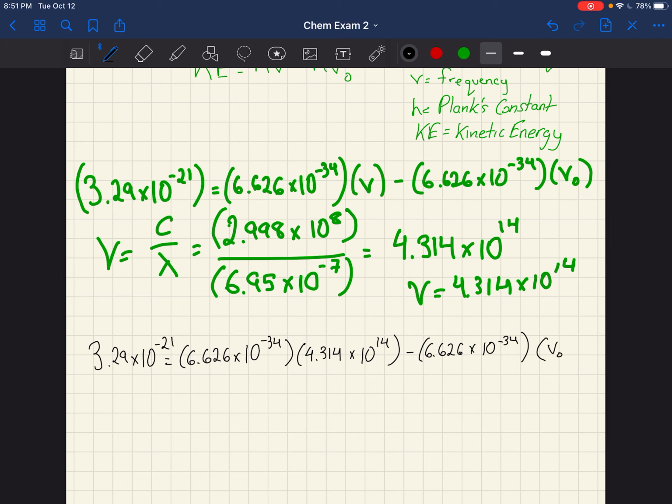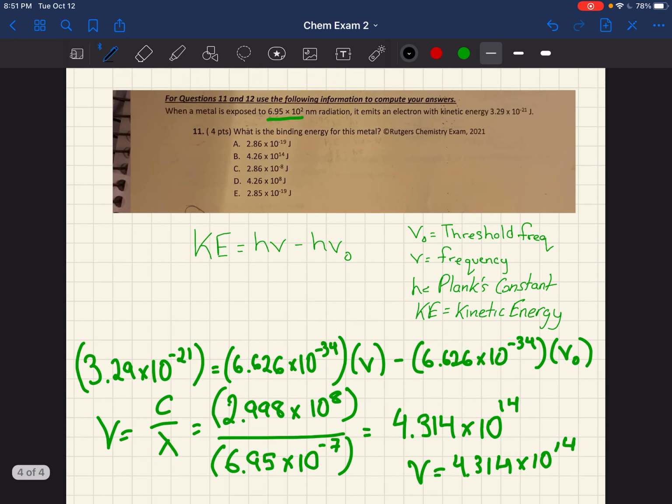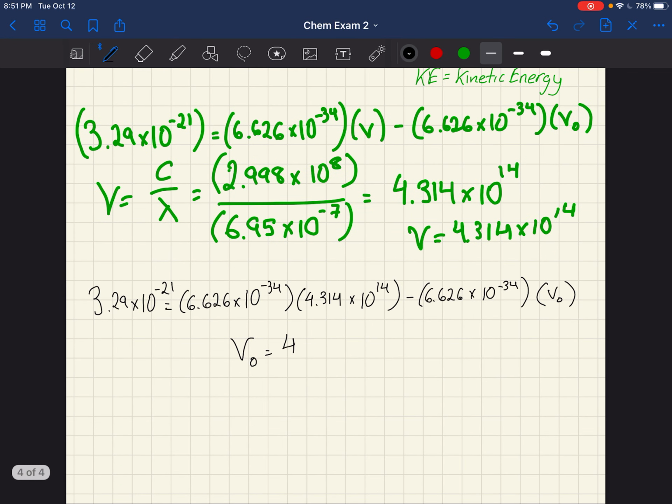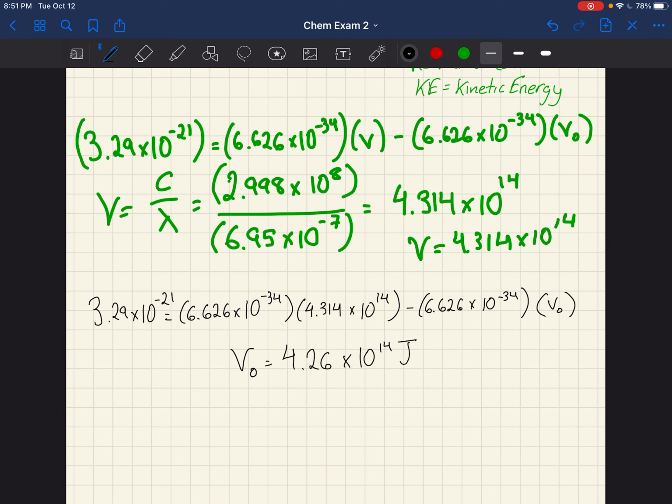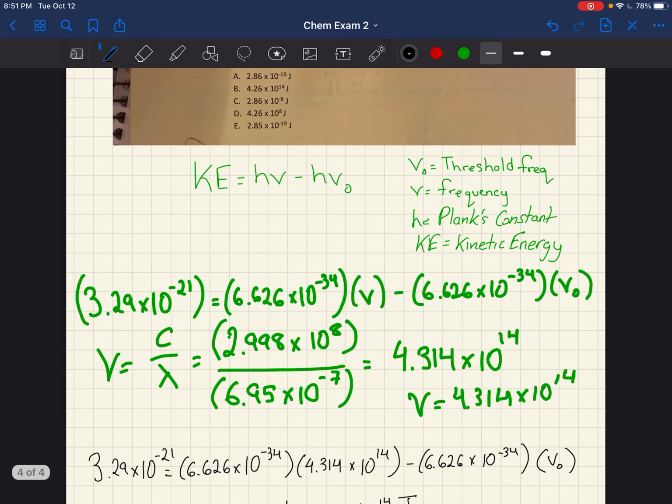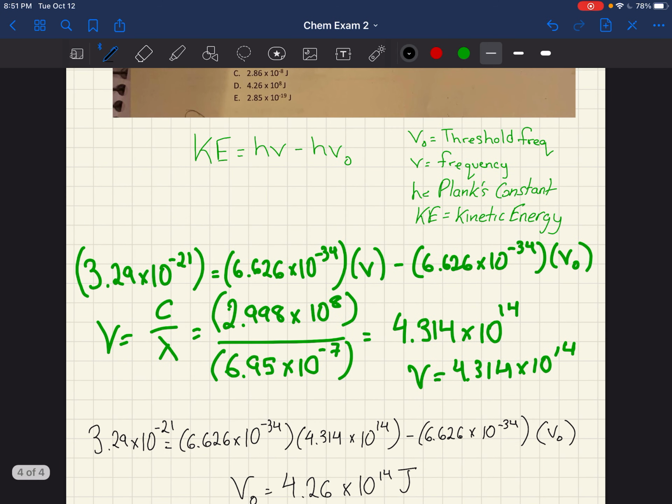And then you solve for V0, and I ended up getting the second option, which is 4.26 times 10 to the 14th joules. So if you end up solving for this, you'll end up getting something like this. I believe that makes sense, but if it doesn't, let me know. We can always email about it.